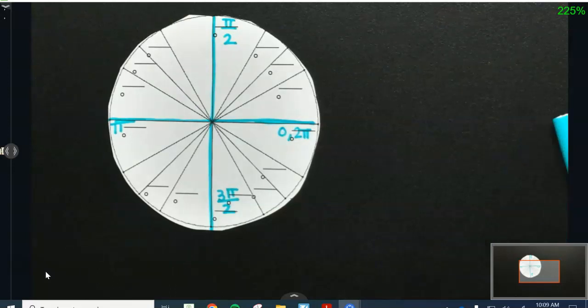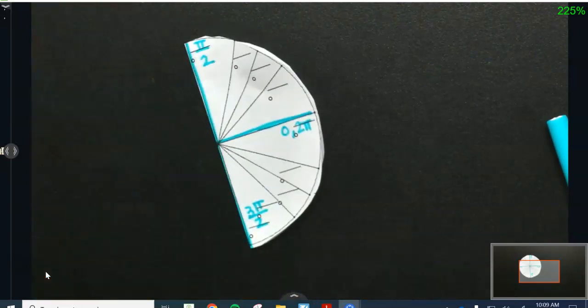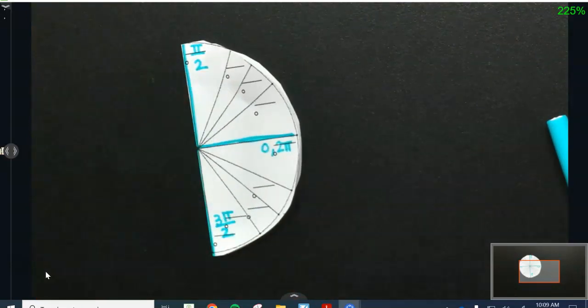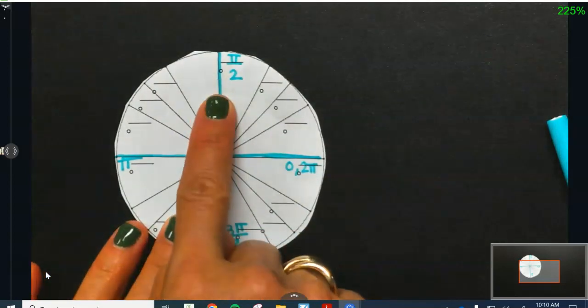So, one more time. Where is tangent undefined? On the top and bottom, on the y-axis. So, tangent can only function on that side or on that side. Tangent can't go all the way around because of it being undefined right here.